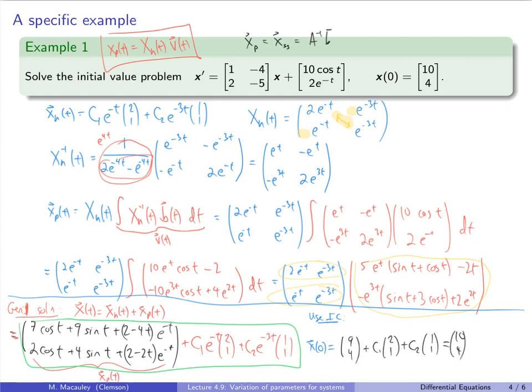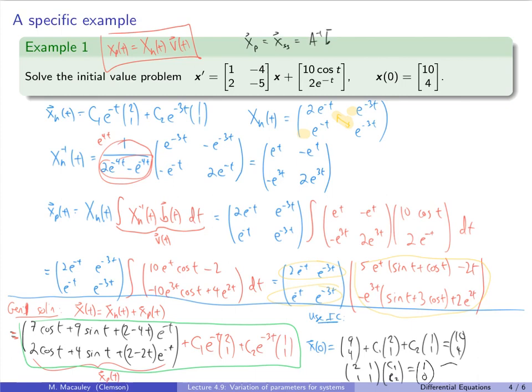Okay, so now this is just a standard 2 by 2 system that we know how to solve. I can subtract 9, 4 from 10, 4. And what's left is the matrix 2, 1, 1, 1 times c1, c2 equals, again, 10, 4 minus 9, 4, which is the vector 1, 0.